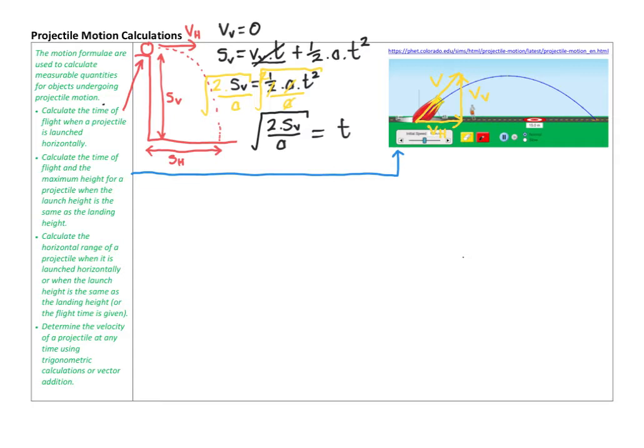So I often divide this problem into those two parts. Firstly we've got to work out the vertical and the horizontal components. So VV equals V sine theta.